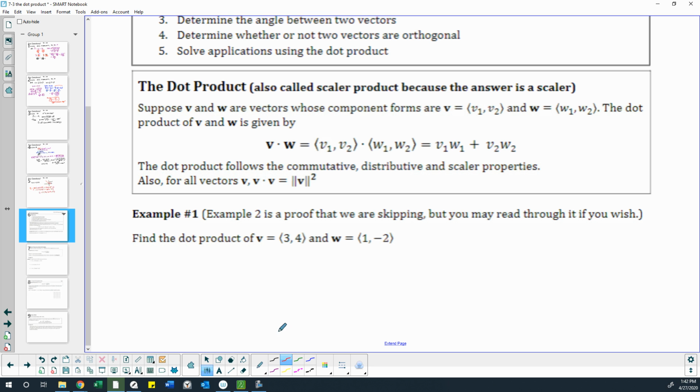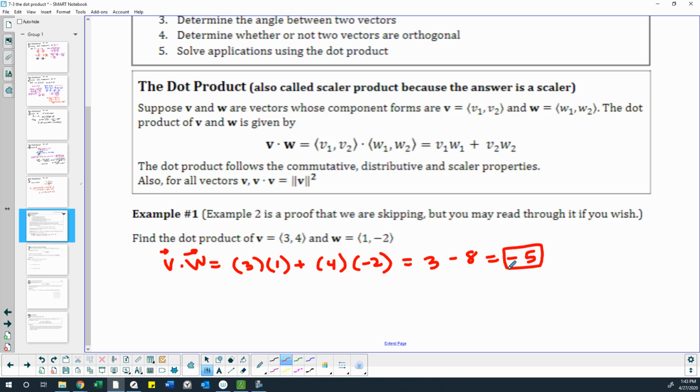V dot w would mean we're taking 3 times 1 plus 4 times negative 2, and that gives us 3 minus 8, which is negative 5. So the dot product of v and w is negative 5.